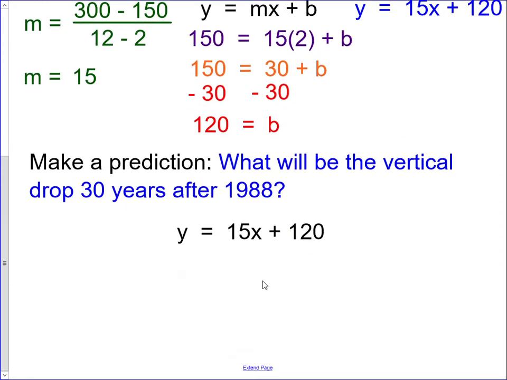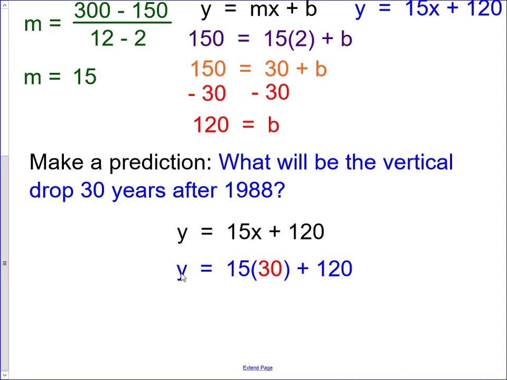Okay, let's make a prediction on what will be the vertical drop 30 years after 1988. Well, we have our slope-intercept form equation here. We can plug in 30 for x because that represents the number of years. When I do that, I have y is equal to 15 times 30 plus 120.